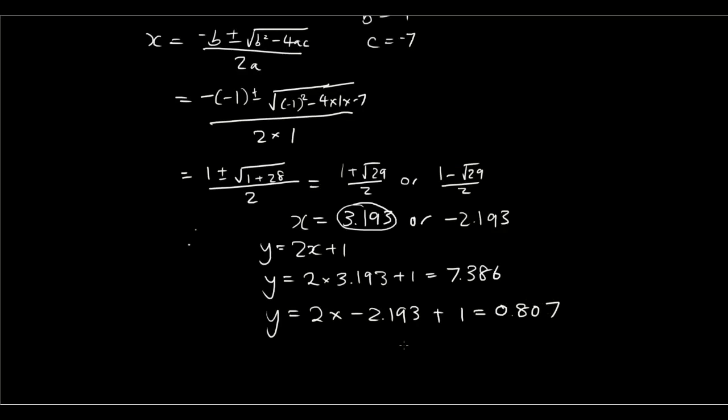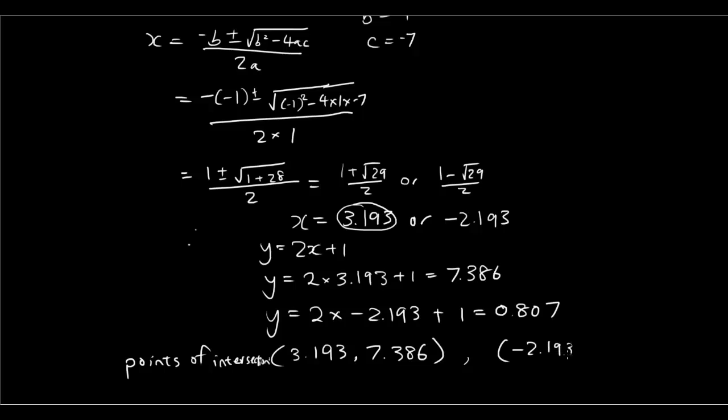And now we're going to see whether our solutions, which are 3.193, 7.386, that's our first point of intersection, so points of intersection. So that's our first point, and our second point is negative 2.193 and 0.807.